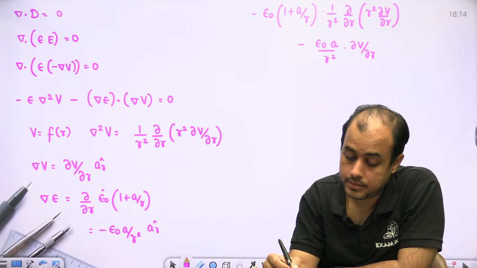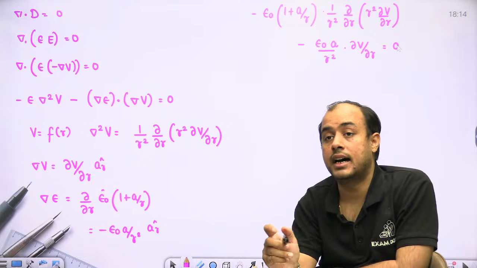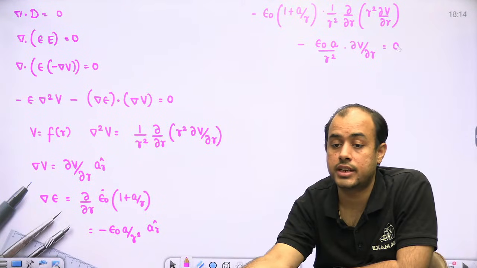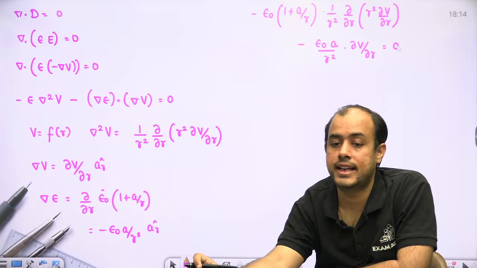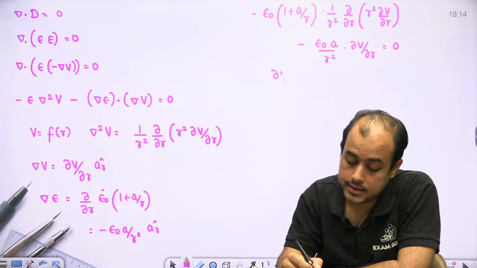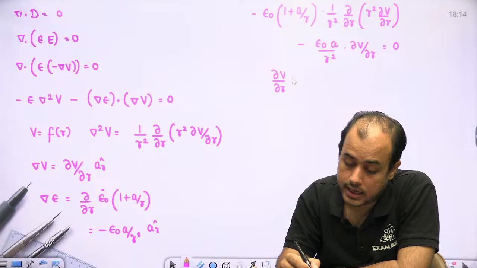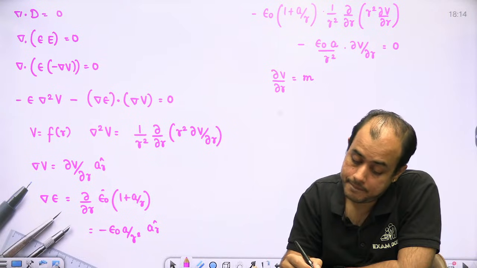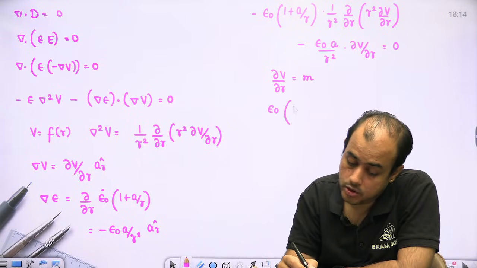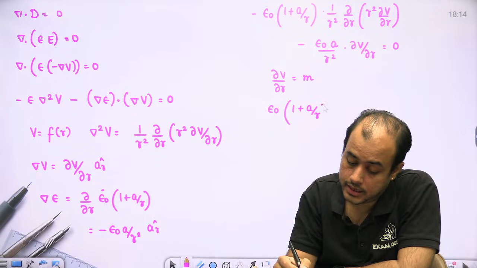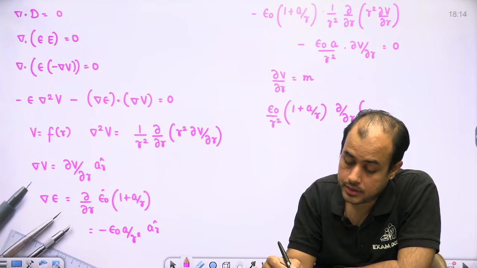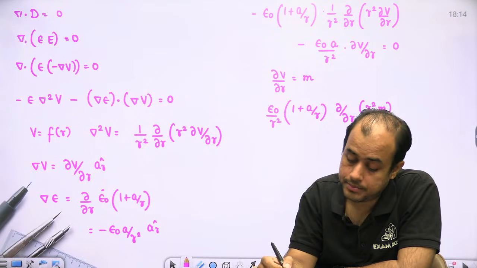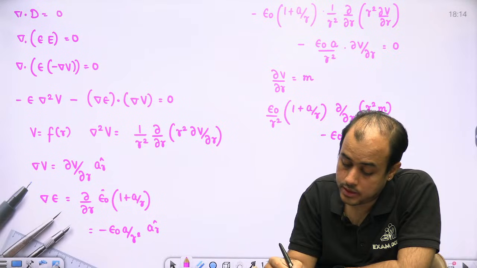So basically, beta, I am getting an equation in del V by del R. मुझे एक इक्वेशन मिल गई del V by del R में. जैसे let me take del V by del R as M. Epsilon naught 1 plus A by R, del by del R of R square M, minus epsilon naught A by R square.